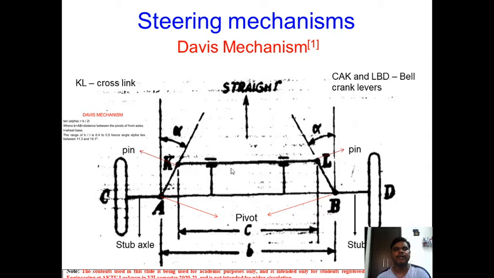While the driver turns the steering wheel, this entire unit KL will be sliding inside this bearing, and this sliding movement of the KL link will be parallel to AB all the time. So this will be able to maintain the condition of correct steering at all times.